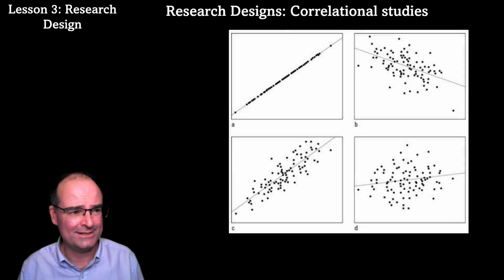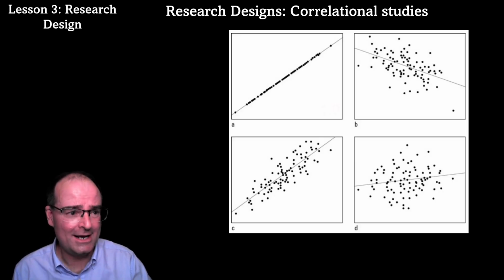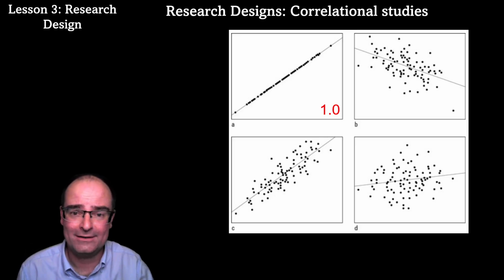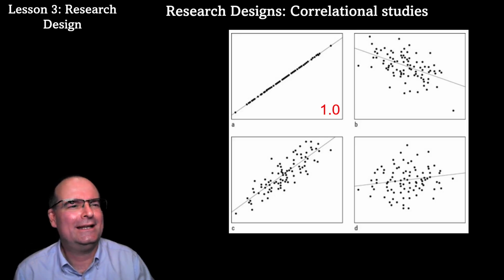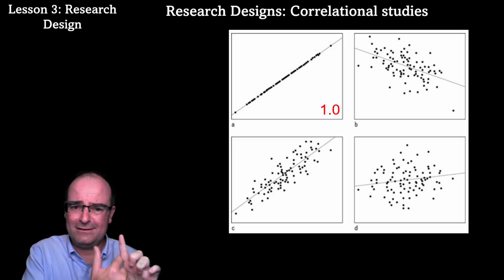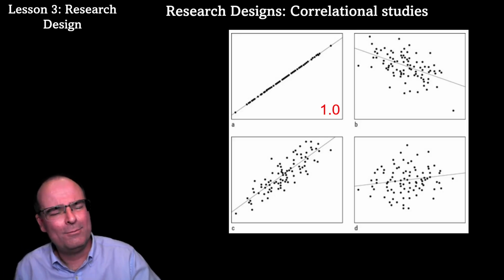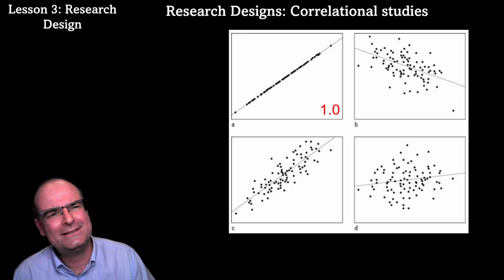Let me give you some more examples. The one I just mentioned, the perfect relationship on A, that would be a correlation of 1 in the top left. And again, it doesn't matter what these variables are. There's just 2 measures: height, IQ, HSC score, university score, whatever. The one on the top right, you can see as values on one variable go up, the values on the other one kind of go down.